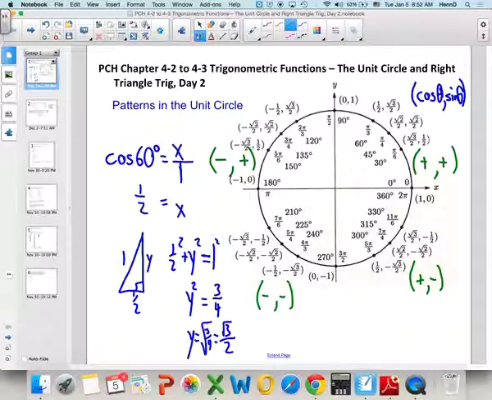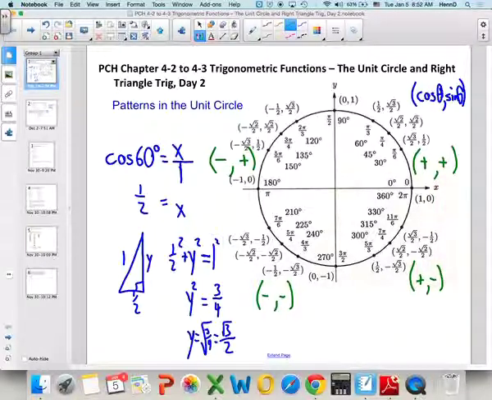Now, another reason why that's significant is because what is the x coordinate on the unit circle? Radius, so like the one. Now, the radius isn't the x coordinate. The radius is our hypotenuse.